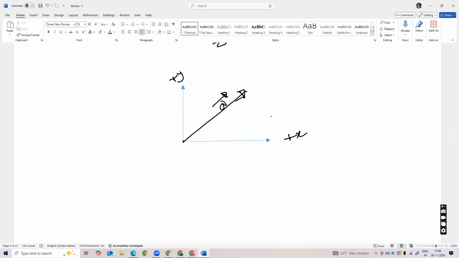So the vector a can be represented as, first of all, we can resolve this vector a along both x as well as y direction.